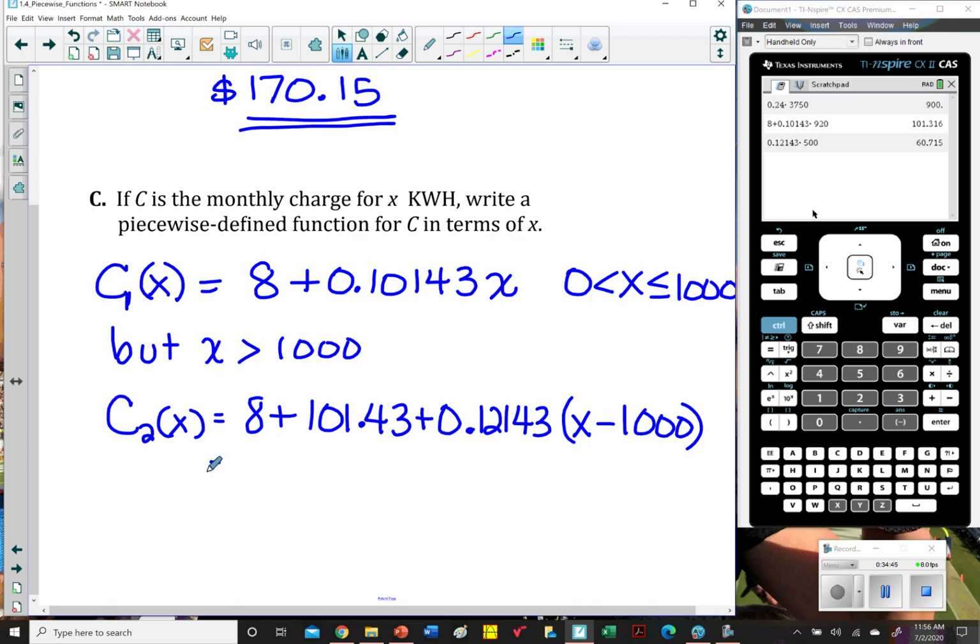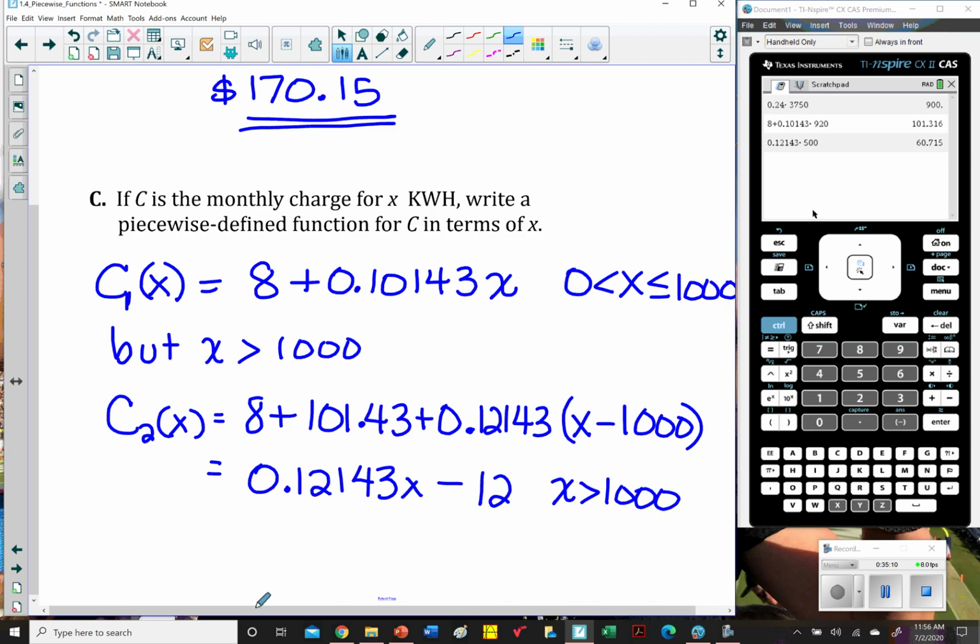So doing that math, we've got 0.12143x. Whoop, I missed a 3. 0.12143x minus 12 for all the hours after 1,000.